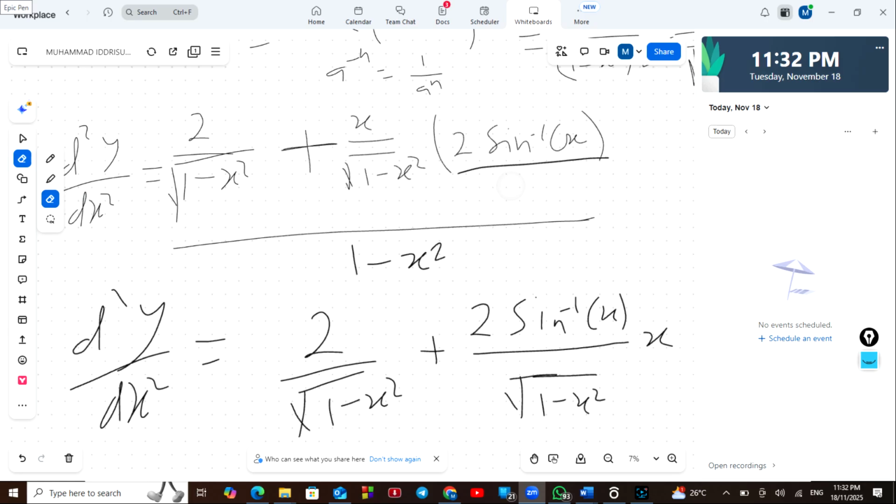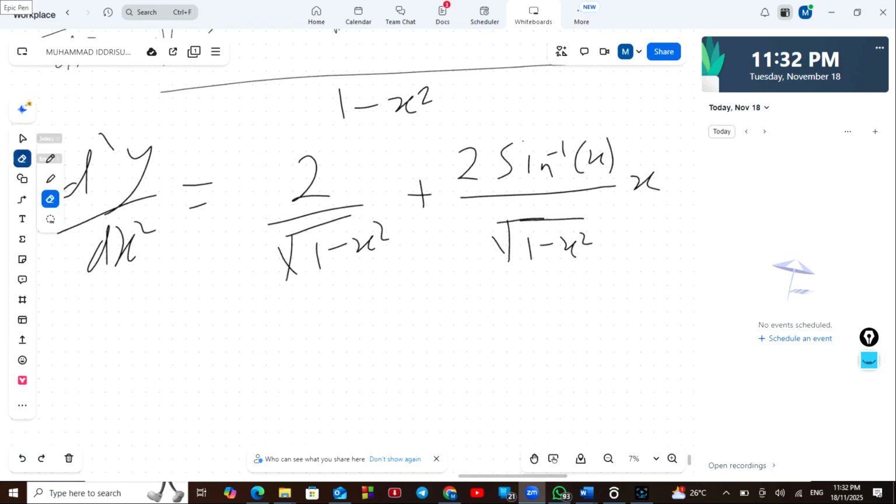So I just bring this and you know how to do it, so no problem. Okay, so I now have this all over my 1 minus x square.